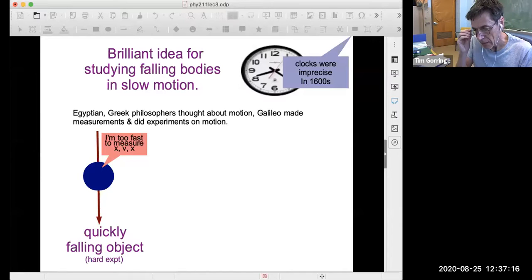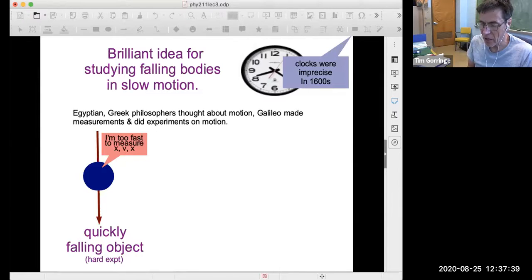Well, he had a brilliant idea for studying the motion of falling bodies. Now, if I just drop an object to the floor, it drops so quickly that it's very hard to measure things.